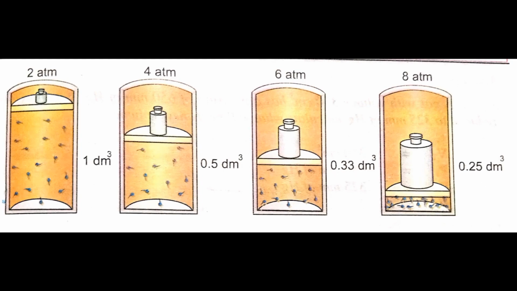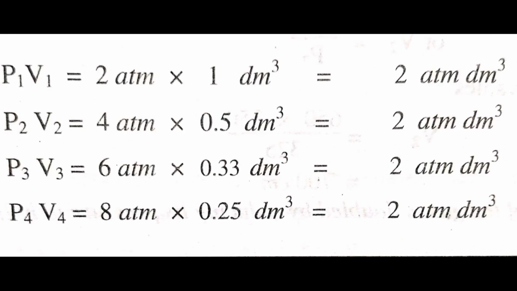Now we apply Boyle's formula on these 4 containers. For the first container, P1V1 = 2 atm × 1 dm³ = 2 atm dm³. For the second container, P2V2 = 4 atm × 0.5 dm³ = 2 atm dm³.